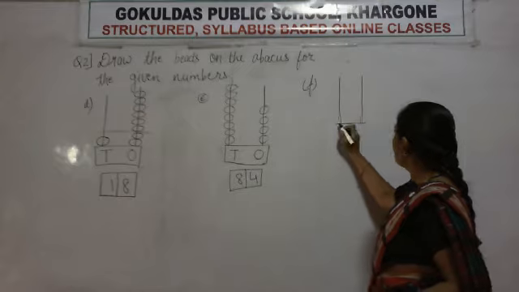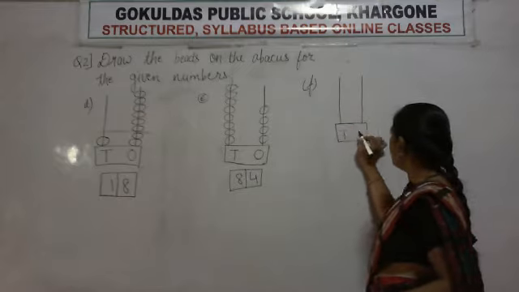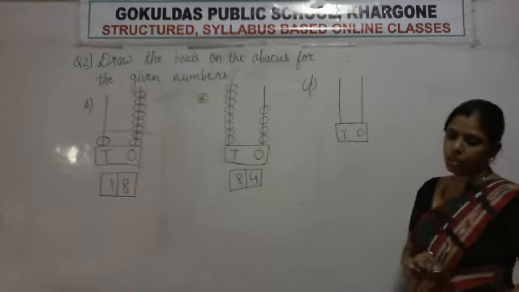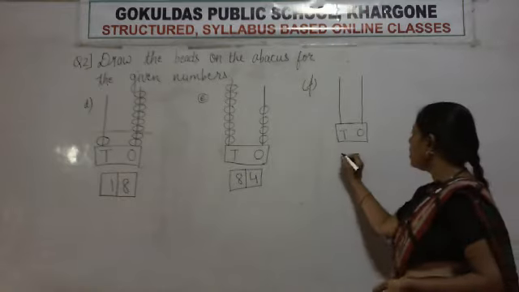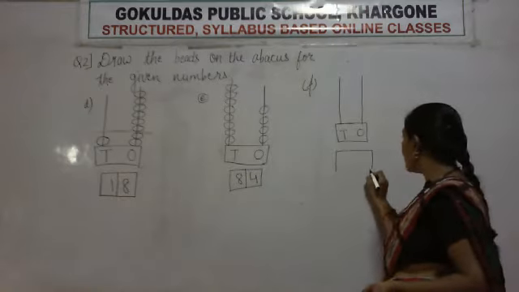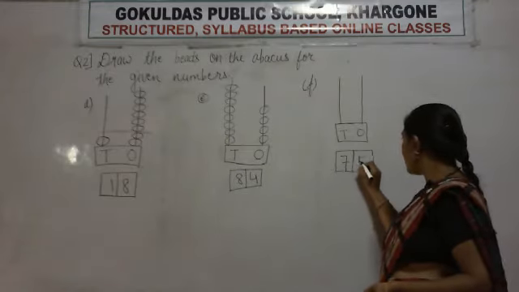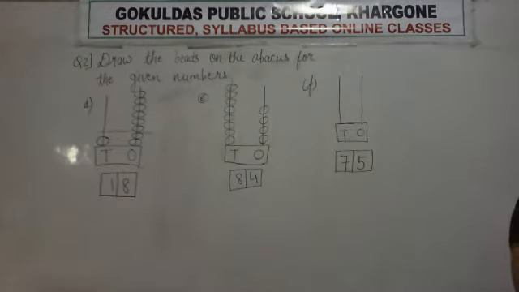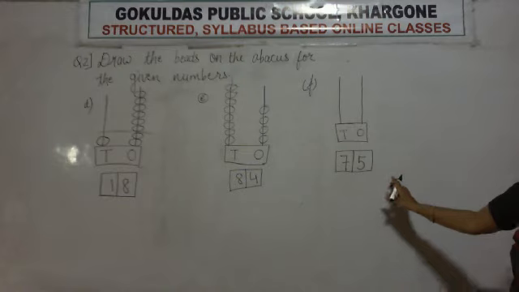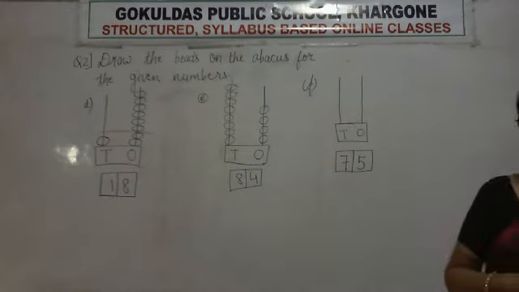Now write its place value, T and O. And which number is given in question F? The number given here is 7575.